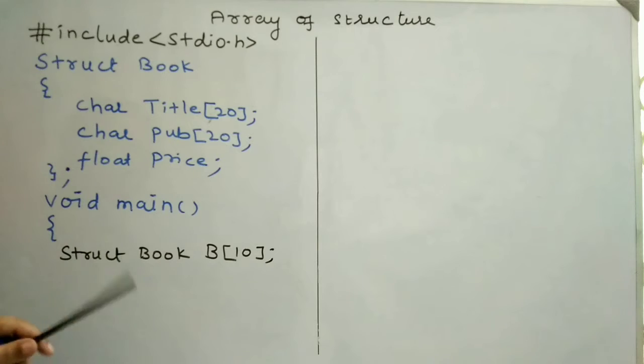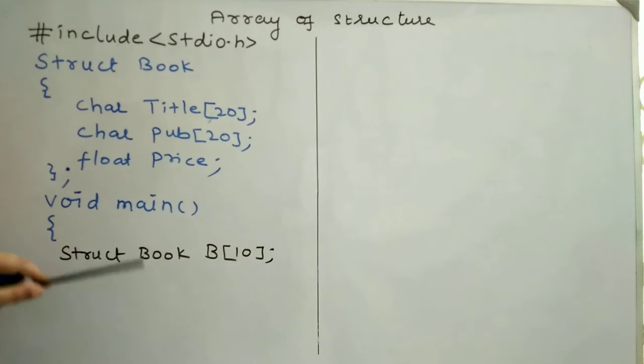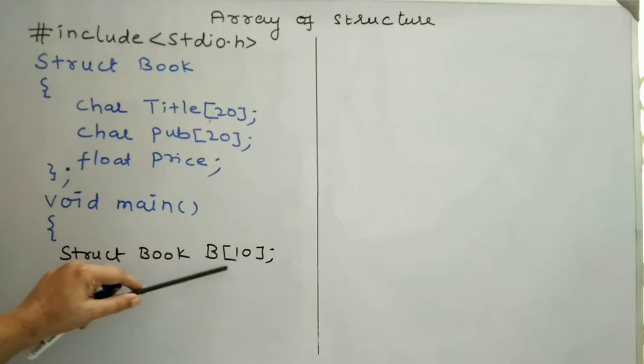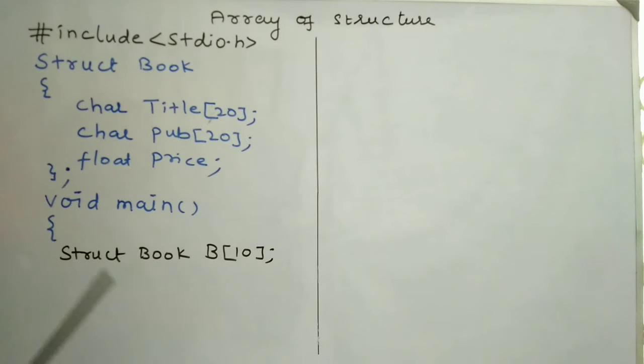After creating the array of structure variable, from the purchaser I need to get the details of the book. Before getting details of the book, I need to get the number of books the purchaser wants to purchase. For that, I am going to declare a variable, int n, to get the total number of books the purchaser wants to purchase.